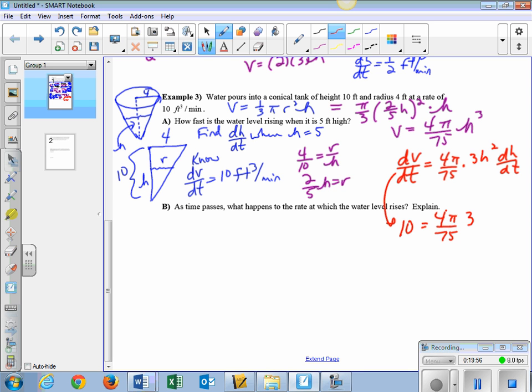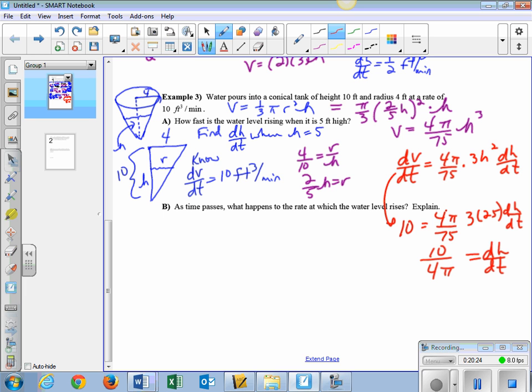What was h? h was 5, and I have to square it, so that's going to be times 25, and I need to find dh/dt. So we just solve for that, and I get dh/dt to be 10 over 4 pi. And you can reduce that if you want to.